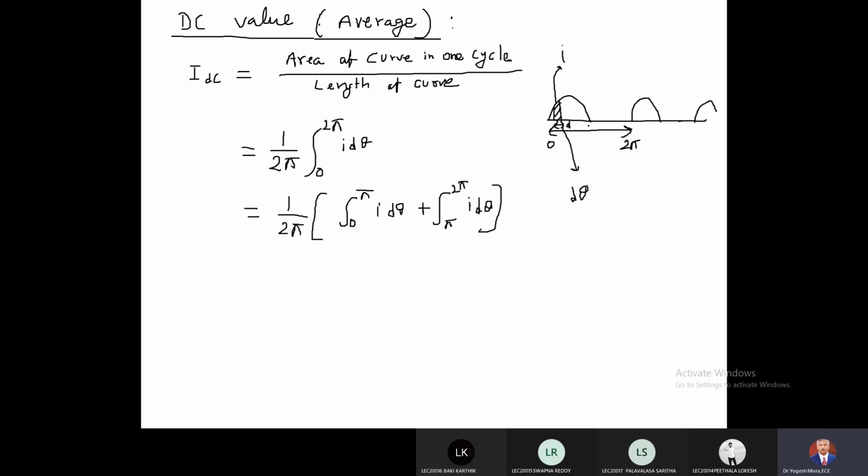Since from π to 2π there is no current, this part will become 0.